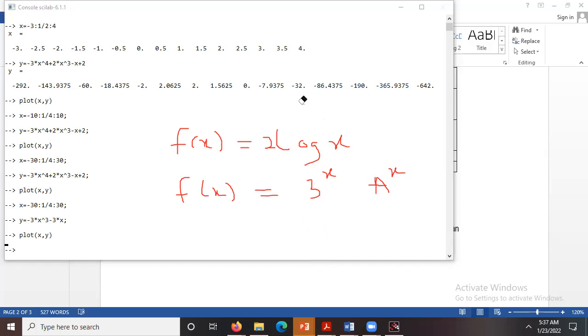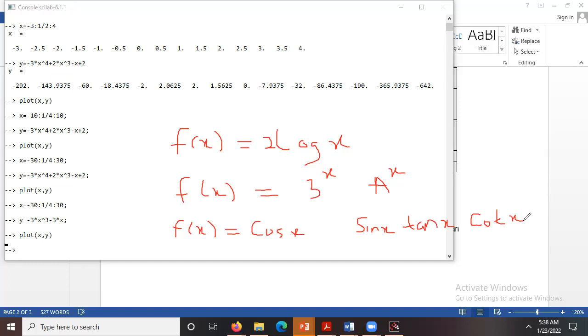Then we also have what we call the trig functions. The trig functions come in their own forms. We have f of x equals cos of x. We can also have the sine function, sin x. We can have tan x. We can have cot x.